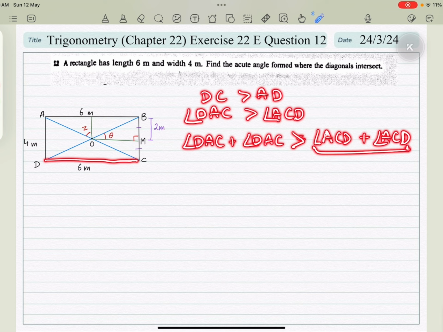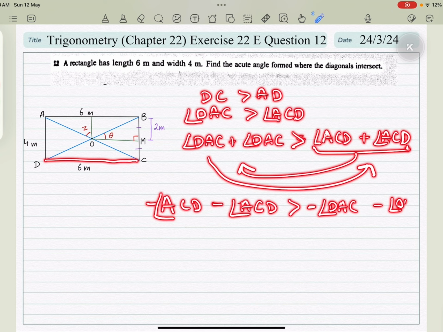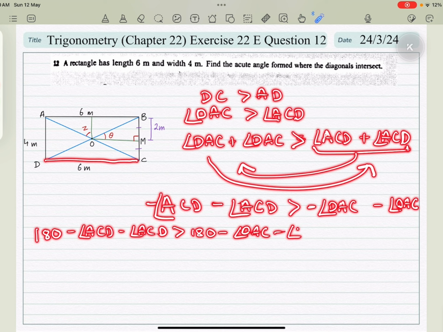So you can bring this over here and this over here to get minus angle ACD minus angle ACD, because you interchange their position, is greater than minus DAC minus DAC. Once you get that, you can add 180 to both sides. You have 180 minus angle ACD minus angle ACD is greater than 180 minus DAC minus DAC.